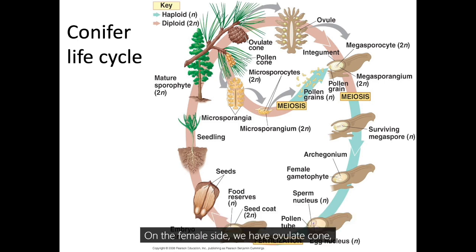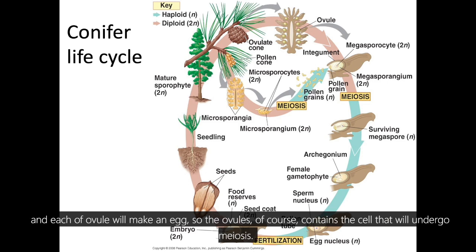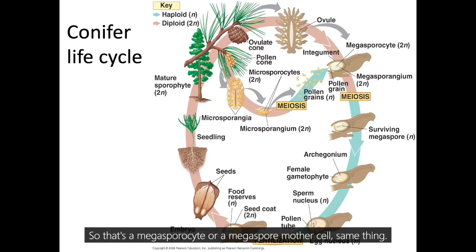On the female side, we have an ovulate cone, and the ovulate cone's business is to make ovules. So each scale of an ovulate cone produces 1 or 2 ovules, and each ovule will make an egg. So the ovule, of course, contains the cell that will undergo meiosis, so that's a megasporocyte, or a megaspore mother cell, same thing.